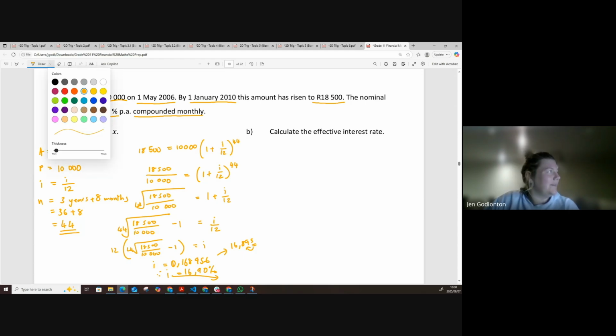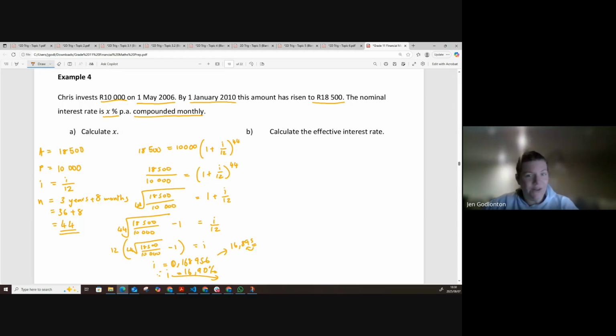being compounded. So for this one, our nominal is, we're just going to make the P 1, 1 plus 16.90% that we've just worked out, divided by 12 to the power of 12. You could make it 44 and put in your original P. That's absolutely fine. And then your effective, just keeping it as 1 again, just to make life easy.